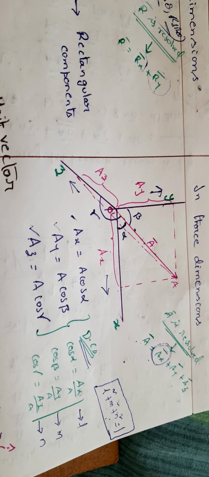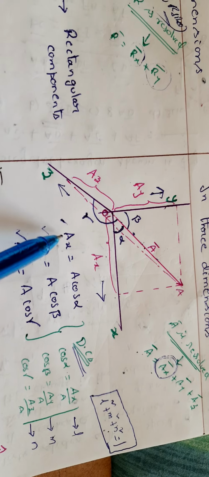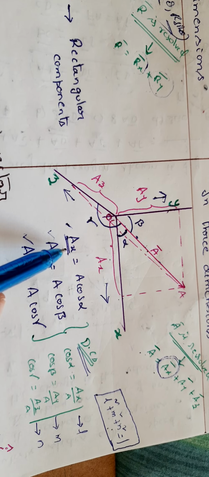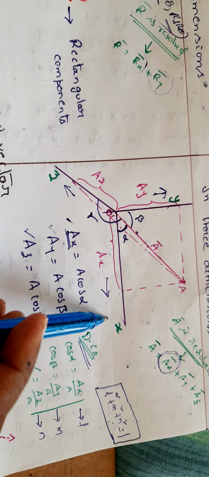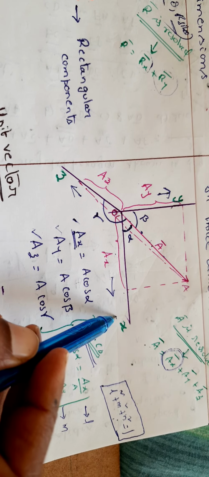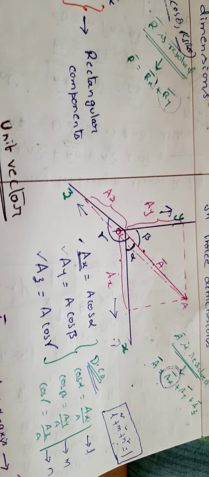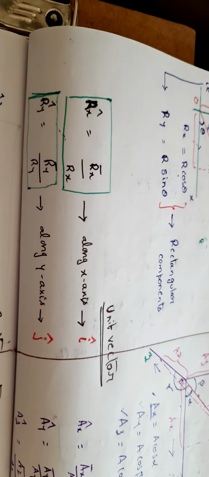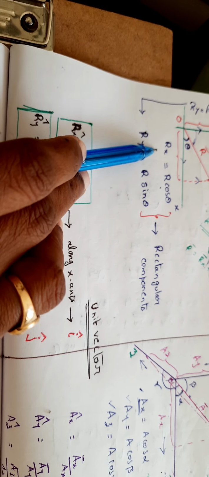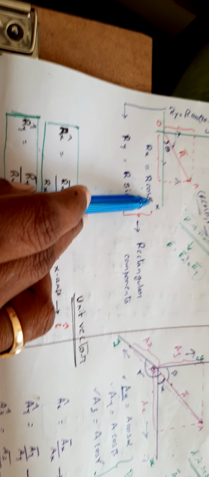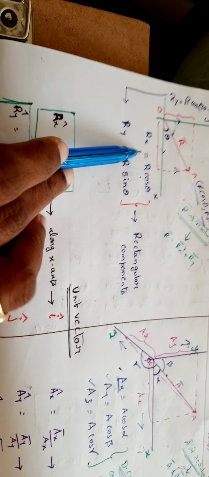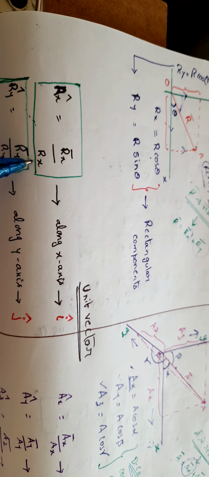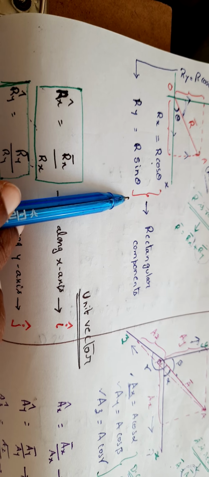To understand this, to this magnitude you are multiplying a unit vector in the direction of x. That we call I cap. So what is a unit vector? Suppose Rx is in the direction of x bar. What is the unit vector regarding this? I'll write it as Rx cap, which is Rx bar by Rx. And it is in which direction in this particular case?